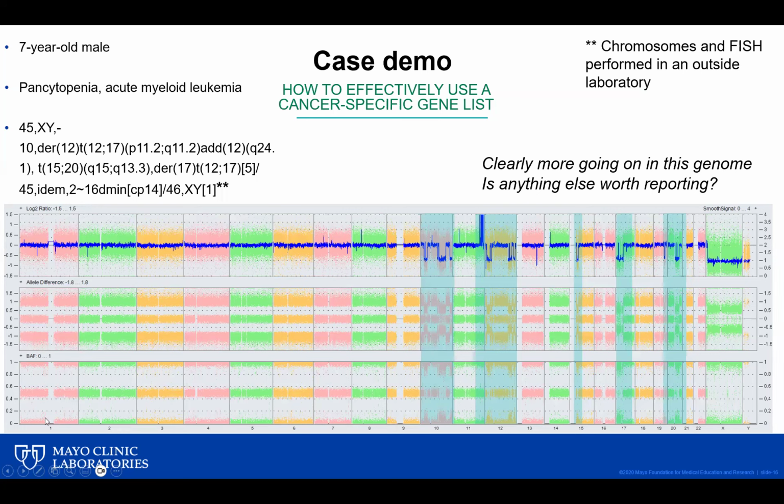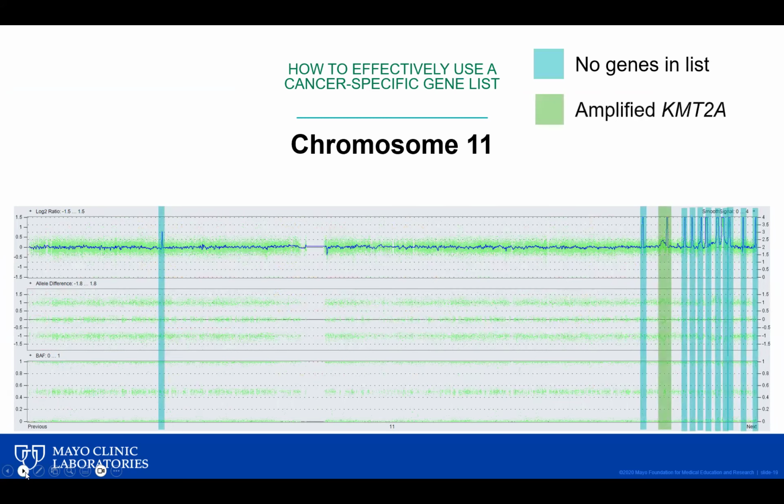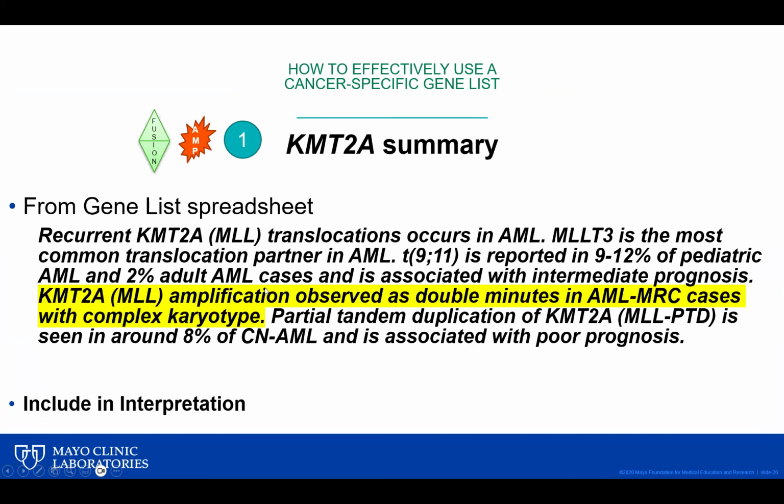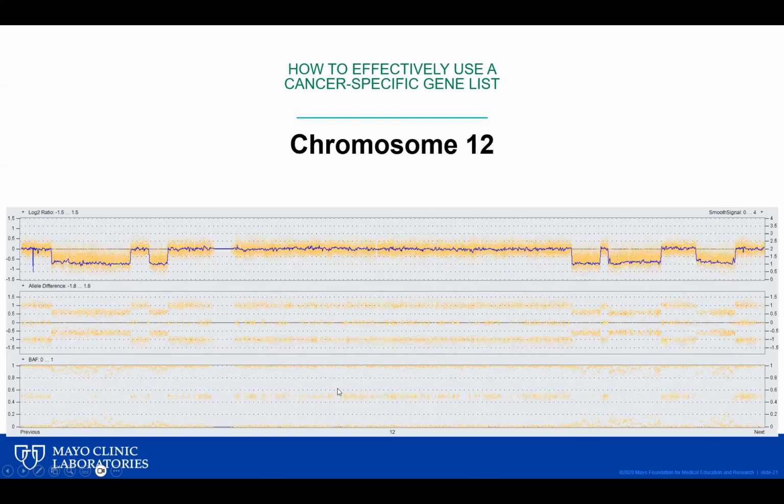Let me move us back forward here. This is seen in AML cases with a complex karyotype, which is very consistent with this patient with myelodysplastic related changes. So we would include that in the interpretation, absolutely.